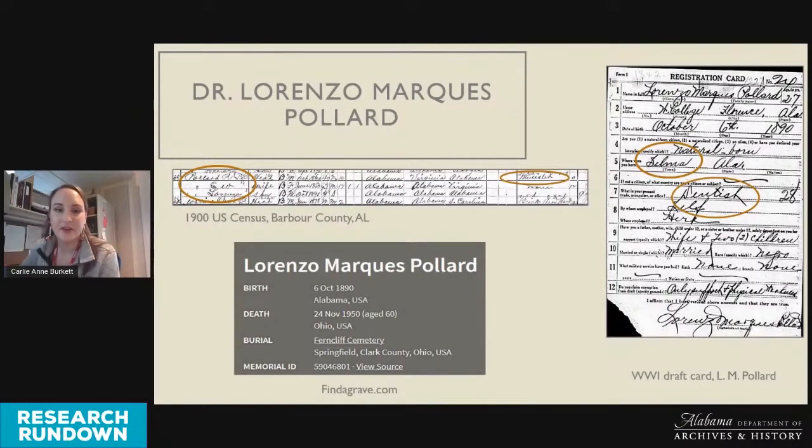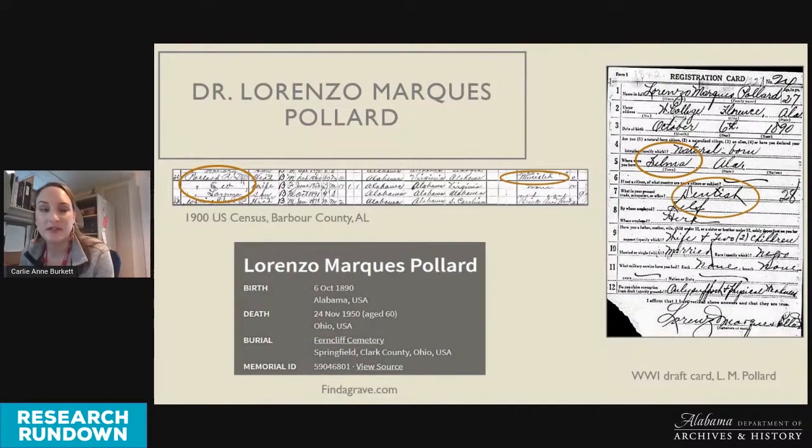And I've circled some of the important parts of that card that helped mold it all together for my research. And I went on to find his Find a Grave, and Dr. Pollard went on to move to Ohio, and that is where he lived until his death in 1950.